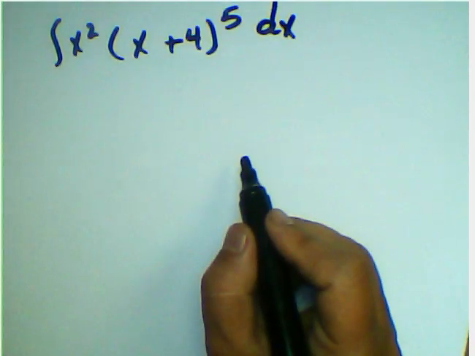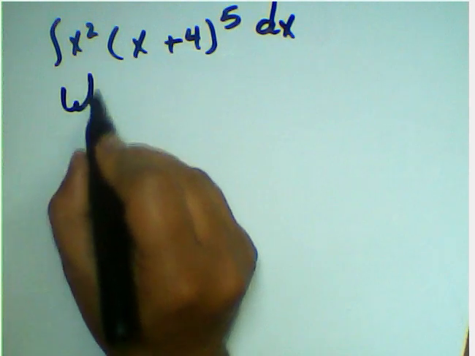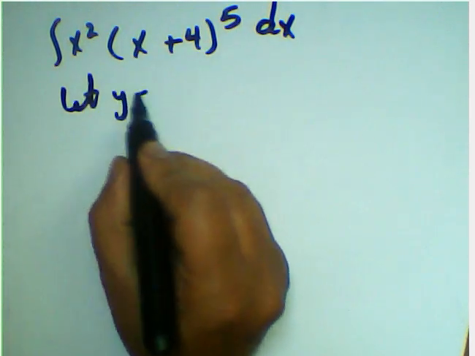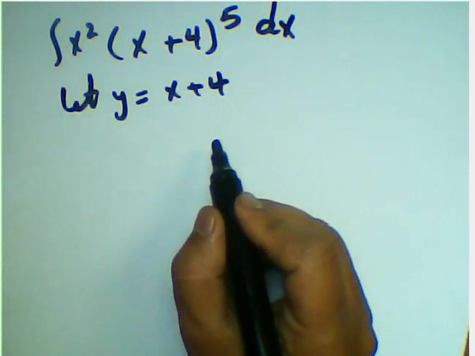Never mind. Next question: you want to find the integration of x power 2 multiplied by (x plus 4) all power 5 dx. Let this expression equal y, y equal x plus 4.